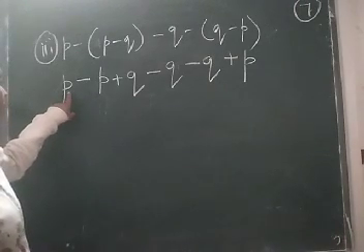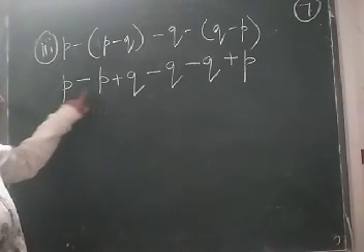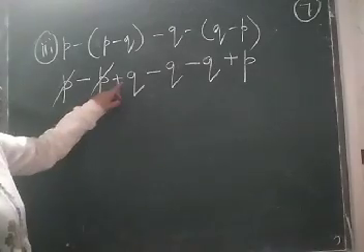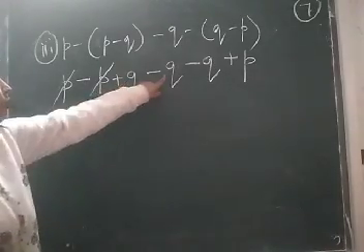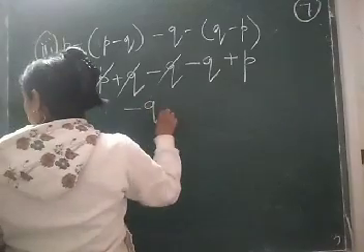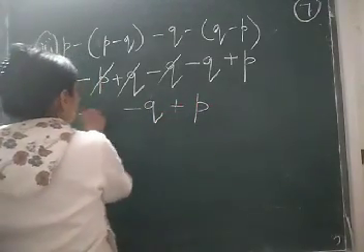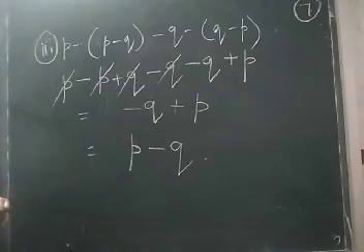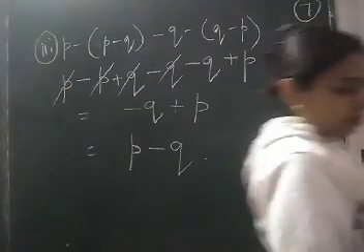Plus p and minus p, p minus p will give you 0, so this gets cancelled. Then q plus q minus q will give you 0, so this gets cancelled. What is left? Minus q plus p. So it becomes p minus q. This is your answer for the third one.